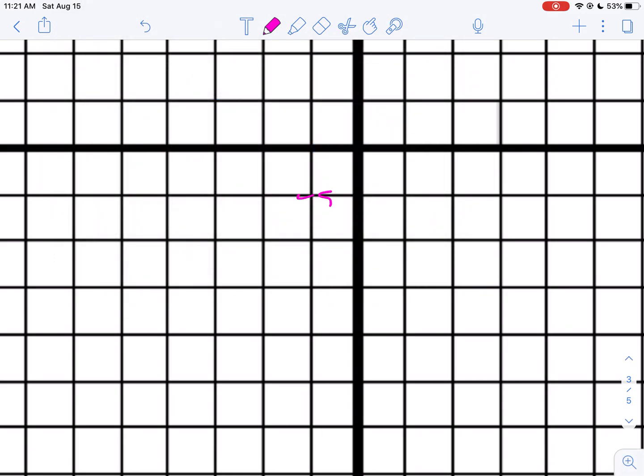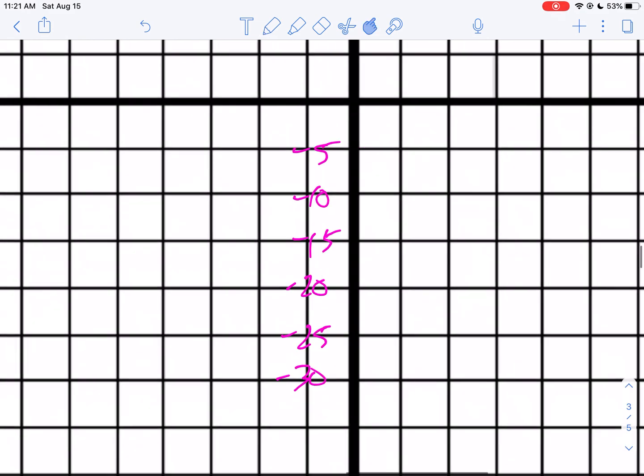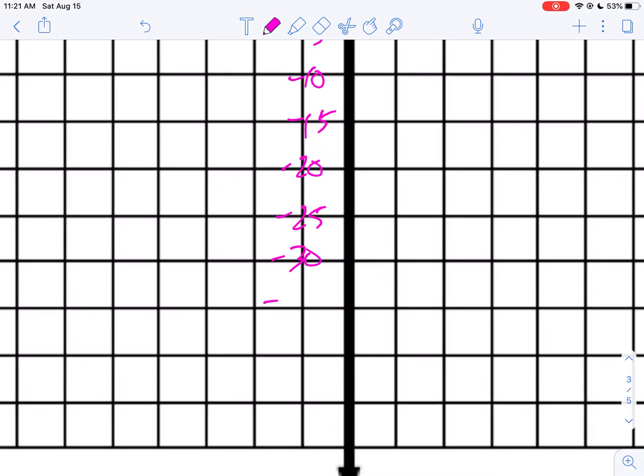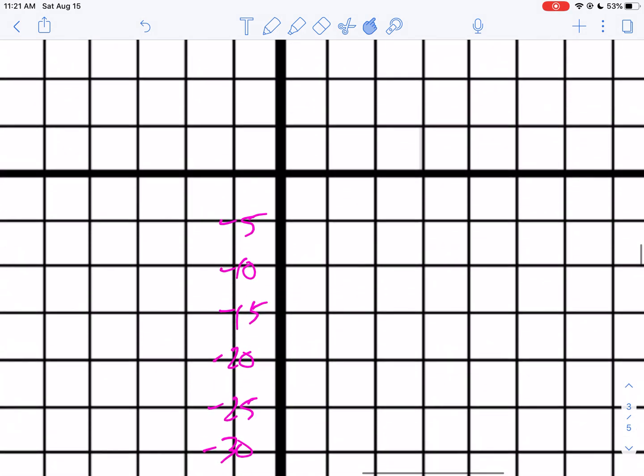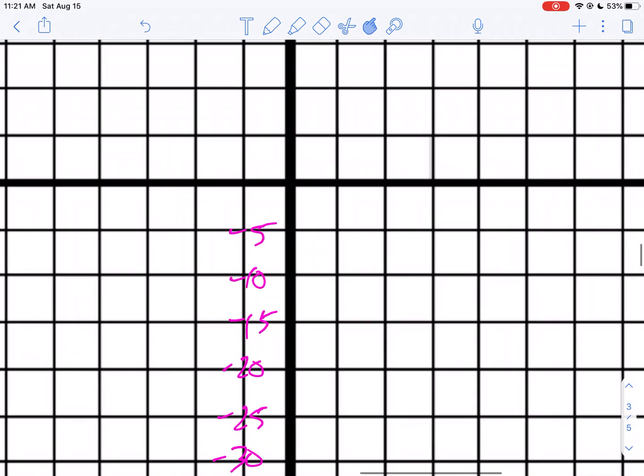So I got negative 5, negative 10, negative 15, negative 20, negative 25, negative 30, negative 35, negative 40, negative 45, and negative 50. And we know we're counting by ones. I'm going to put those in just for you, but I don't think you really need to. If you're counting by ones, it's pretty obvious, but we'll put them in there anyway.